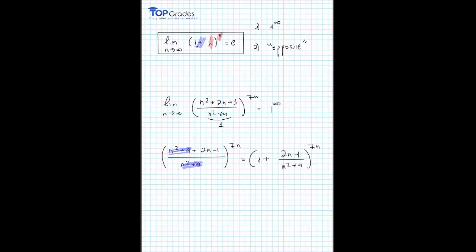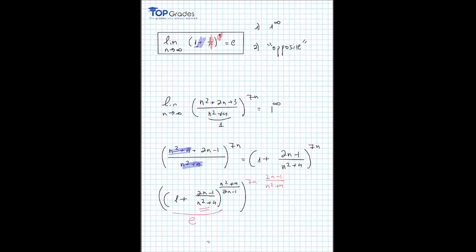It's Euler because here it's 1 in the power of infinity. Now we write 1 plus 2n minus 1 divided by n squared plus 4, upside down. This is Euler. And now we have to rearrange the power. It will be 7n multiplied by the inner expression, and this will be the power of e, because we know that this equals e.